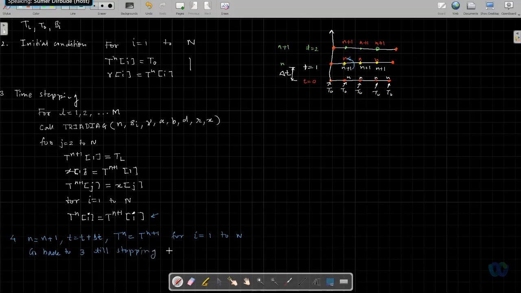Stopping criteria can be given as magnitude of Tn plus 1 minus Tn at all i. These are all i. It should be less than, say, a small number, 10 to the power minus 5. Okay, so this is very simple.